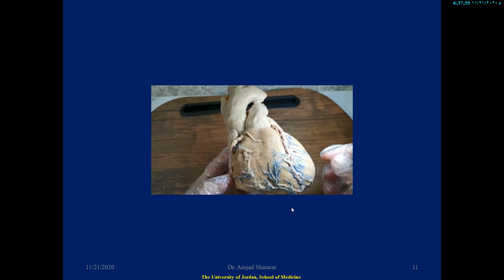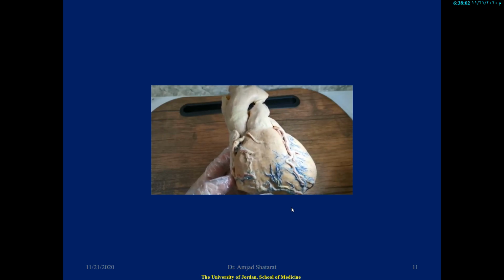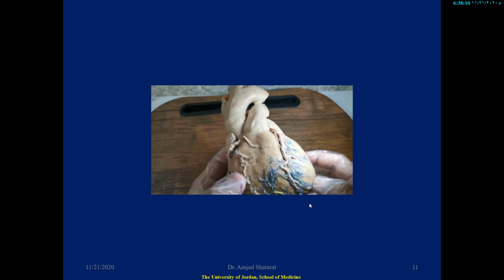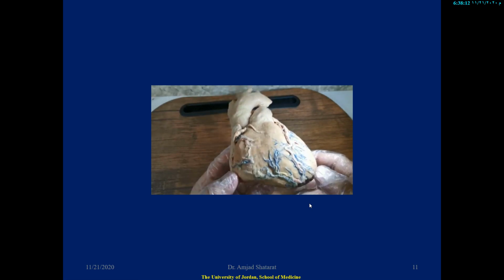So the sternocostal surface is made mainly by the right atrium and the right ventricle.